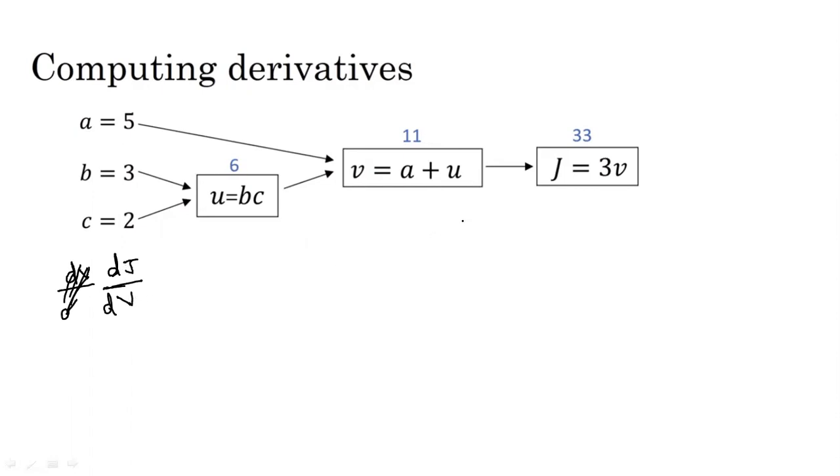We have the initial value of v as 11. Also, one thing to note here is that J is a function of v, represented as J equal to 3 times v, and we have the initial value of v as 11. If we apply v equal to 11, then the value of J here will become 33.